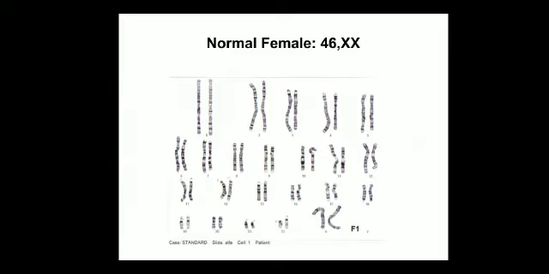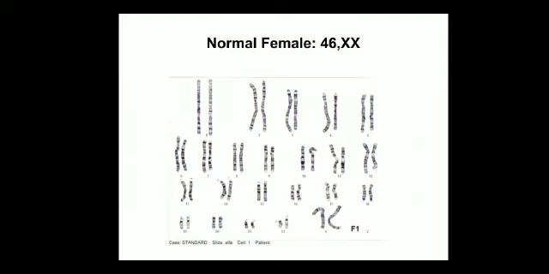This divides into two, so one will be having 22 plus X and the other one will be having 22 plus Y. So this is about the human gametes.